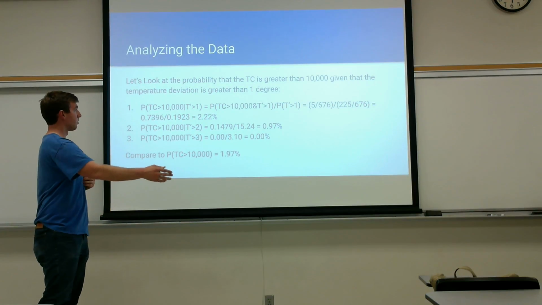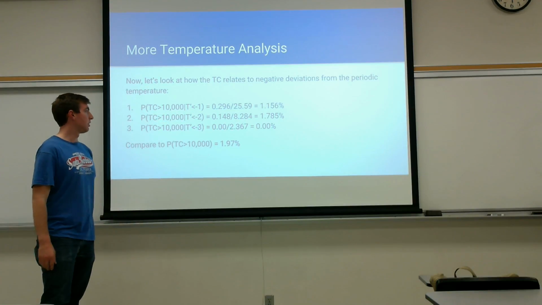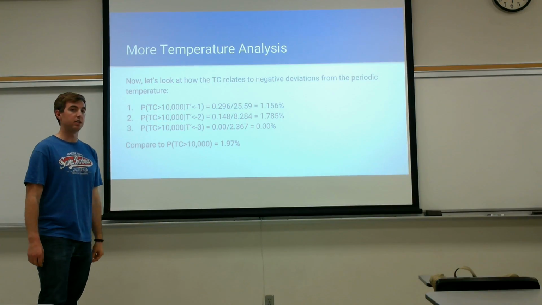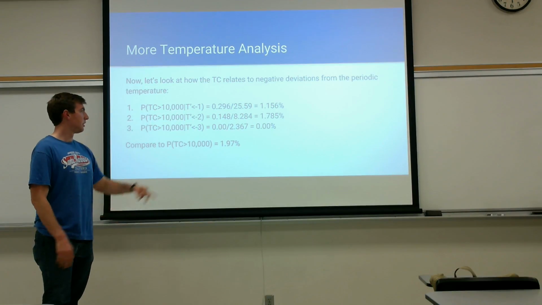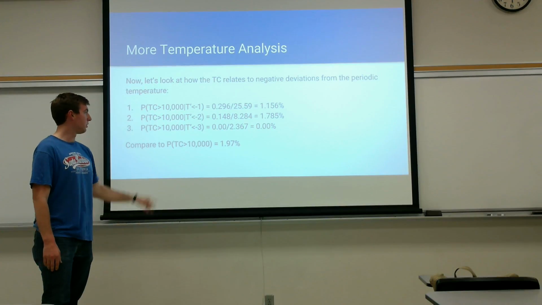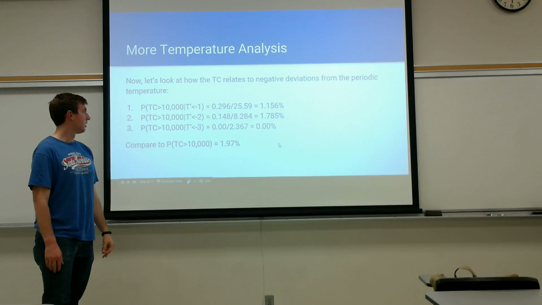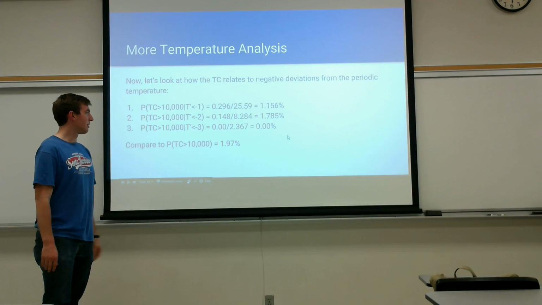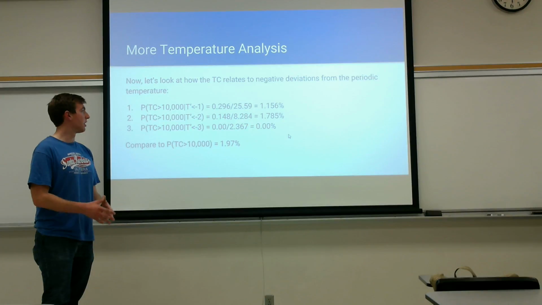And then we're going to do the same thing with the deviation temperature less than -1 degrees from the periodic temperature. And it doesn't really increase that much. It increases a little bit up to less than -3. So there's not much statistical data in regard to that.